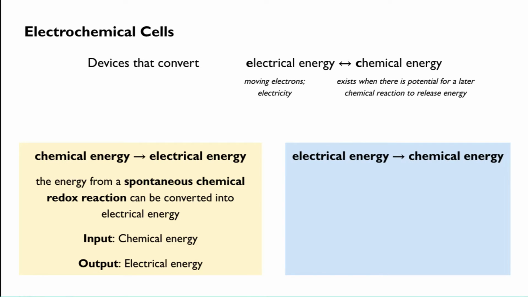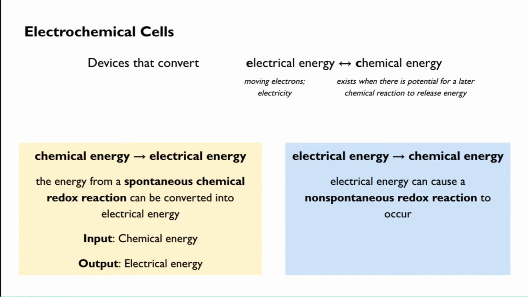Now, we could also see this going the opposite way. Maybe we actually could use electricity to make a redox reaction happen. So we could also take electrical energy and use it to create a compound, a chemical that maybe in the future could be used to do another reaction and release energy.